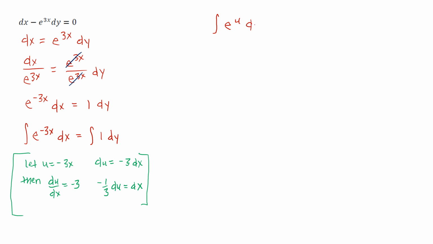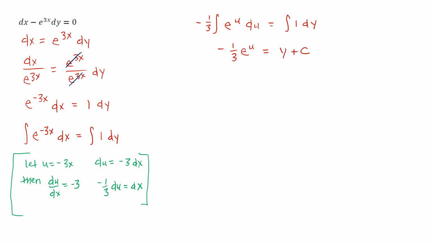So I'll have e to the u du, and I can place my negative 1/3 in the front because that's a coefficient. And then on my other side, I still have the integral of 1 dy. Okay, so now we can integrate. So on the left side, I will get negative 1/3 e to the u equals the integration of 1, which would just be y, and then plus c.